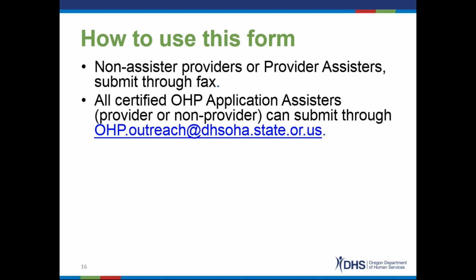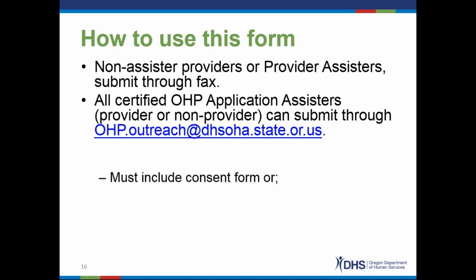So the fax number is on the form that we just looked at, but we'll reiterate that at the end. And then all certified OHP application assisters, so this includes provider assisters and non-provider assisters, could also submit this form through the ohp.outreach email address.